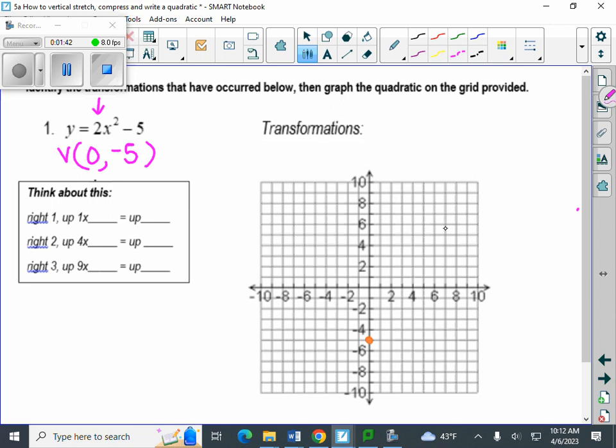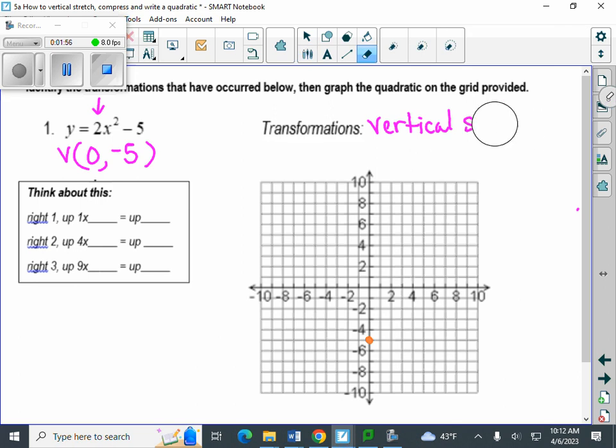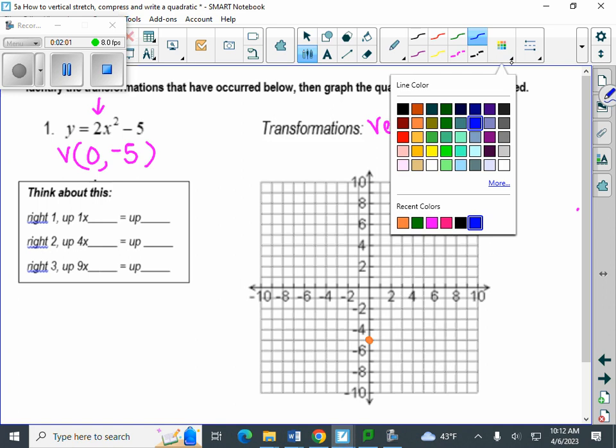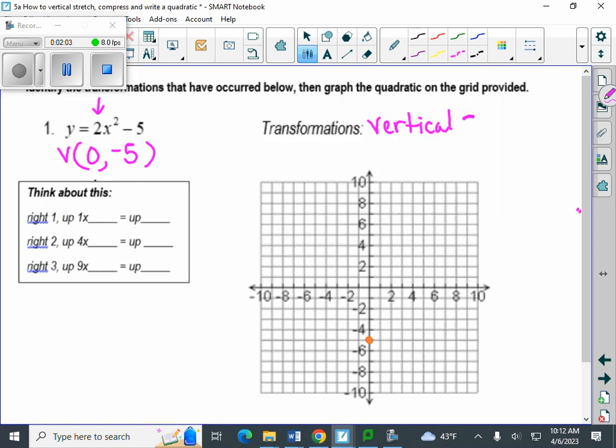The 2 outside of the x is going to be a vertical stretch. Gotta spell it right. Vertical stretch by 2.